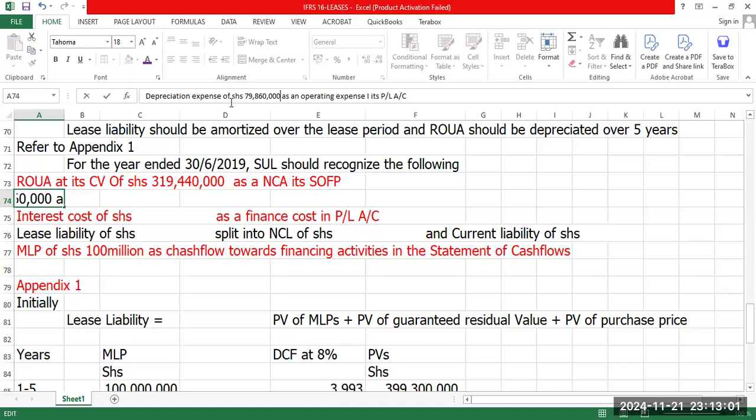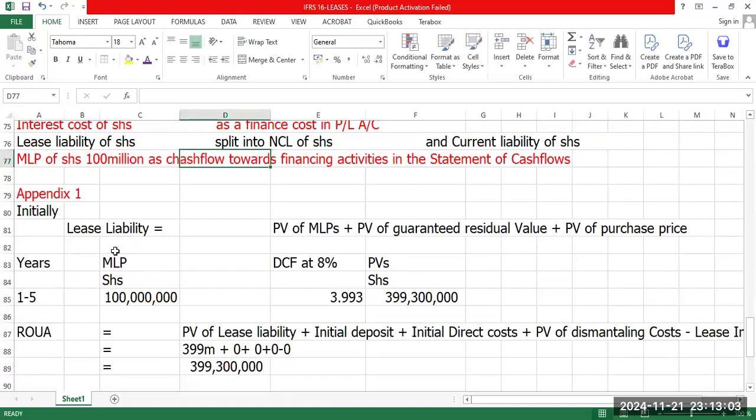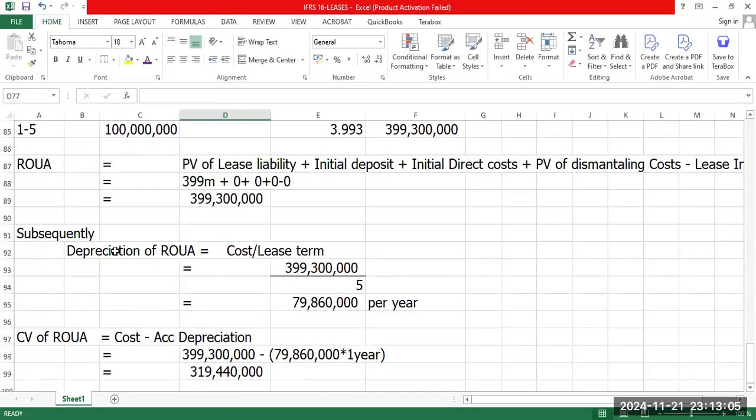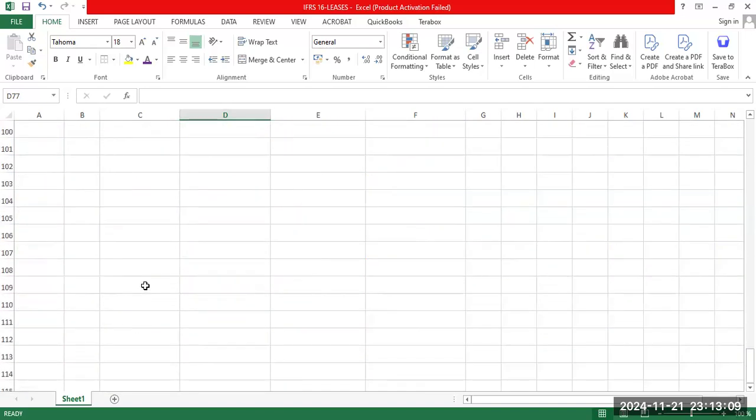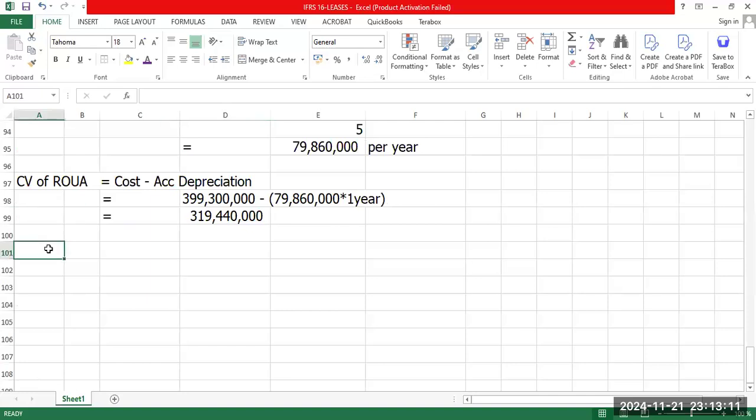So it means that we are left with lease liability and interest only. So we amortize now. Lease liability should be amortized.